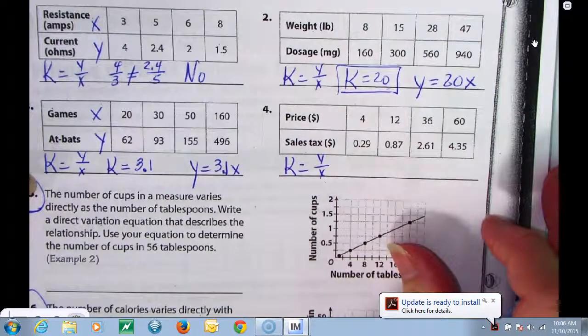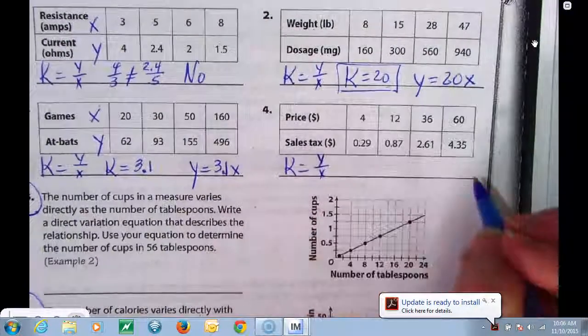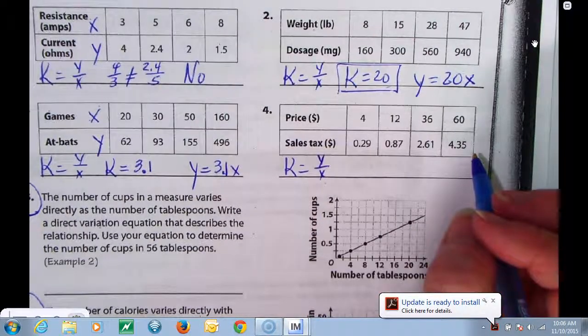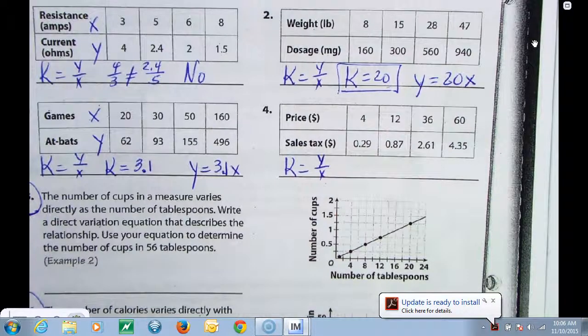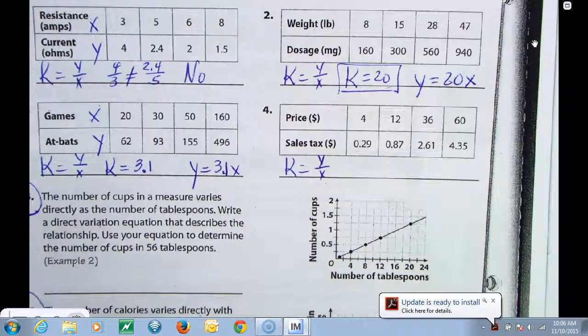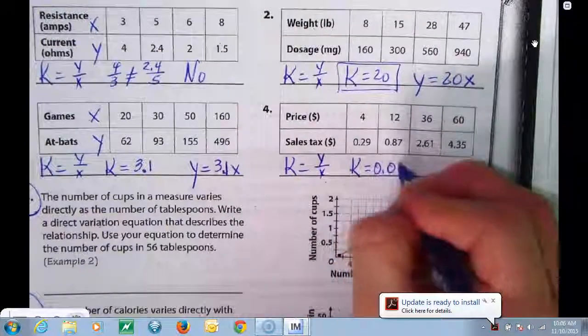I hope you're writing everything I'm writing. What's K equal? 0.0725.